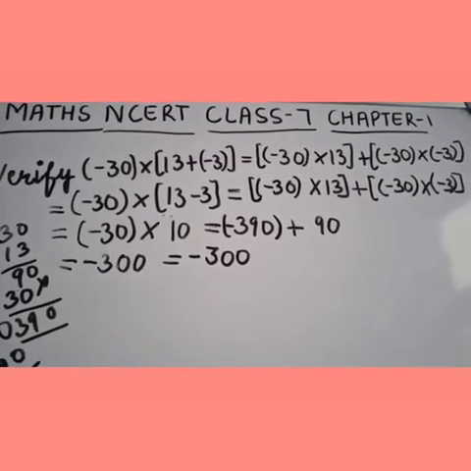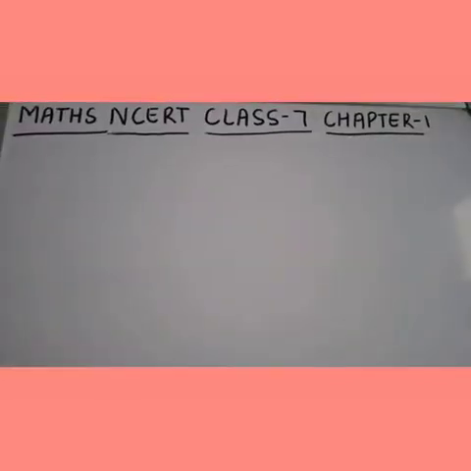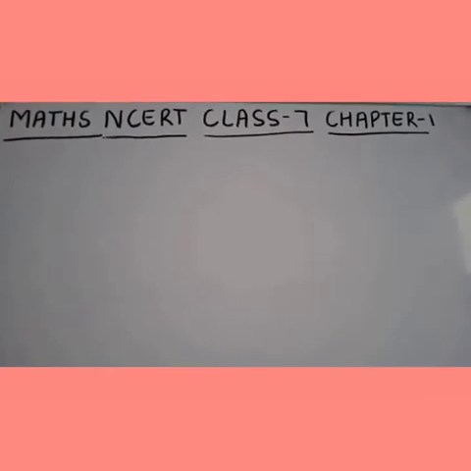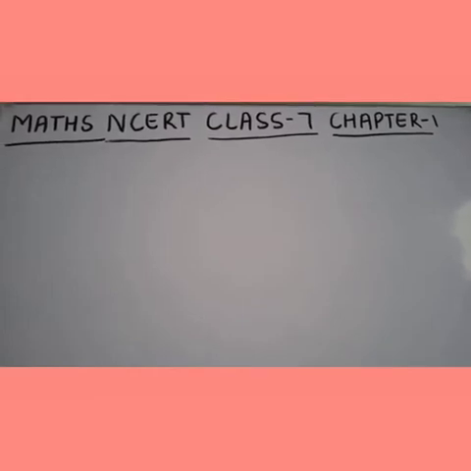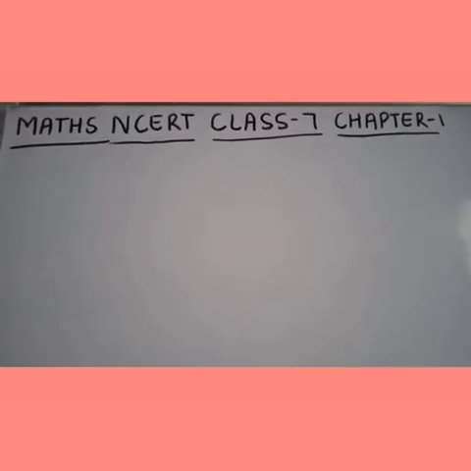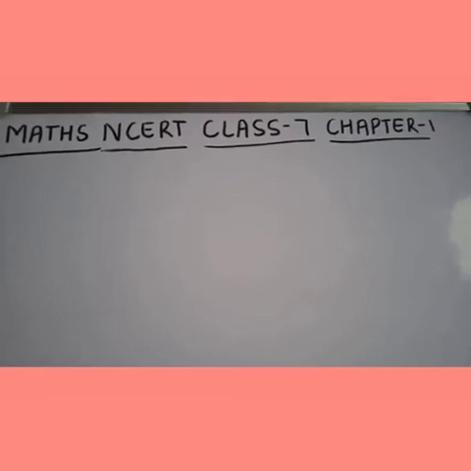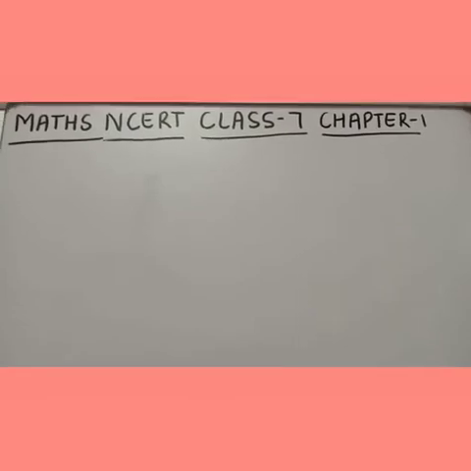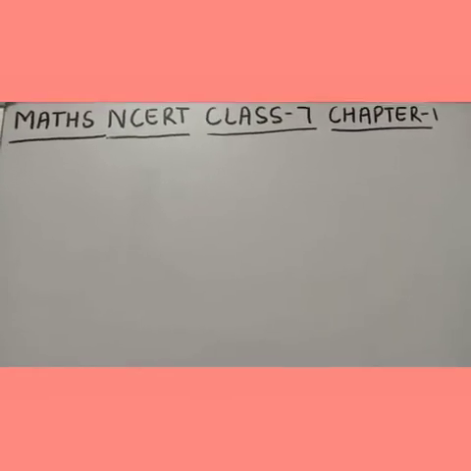Now let's come on to example number 4. Example number 4 says, in a class test containing 15 questions, 4 marks are given for every correct answer and minus 2 marks are given for every incorrect answer. Now they are saying that there is a class test in which we have 15 questions.